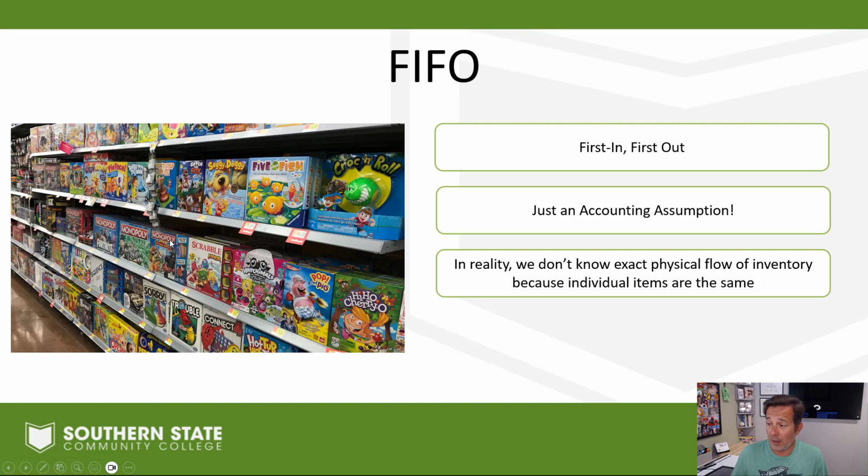Well, if you take all the stores and all the warehouses and all the Sam's Clubs and add all those Monopoly games together, they may have literally tens of thousands of Monopoly games, all the exact same, all ordered at different times, all costing different amounts to Walmart. So when I go in to buy one, maybe I pick up one that just sat on the shelf that day. All right? The physical flow is not necessarily the same as the assumption we're making. We're assuming that first one in is the first one out for cost purposes.